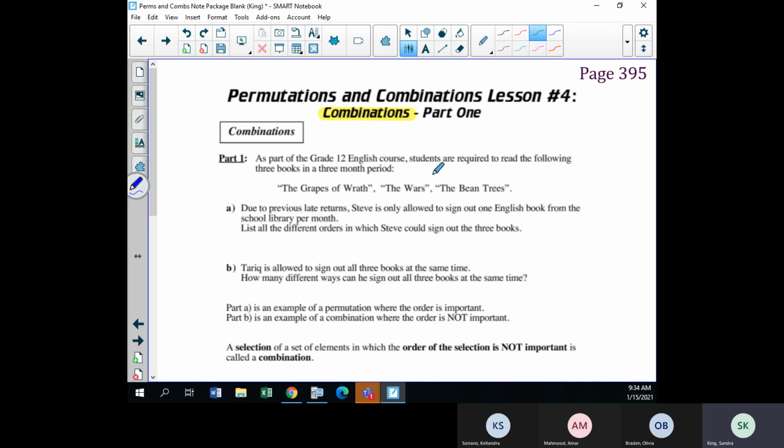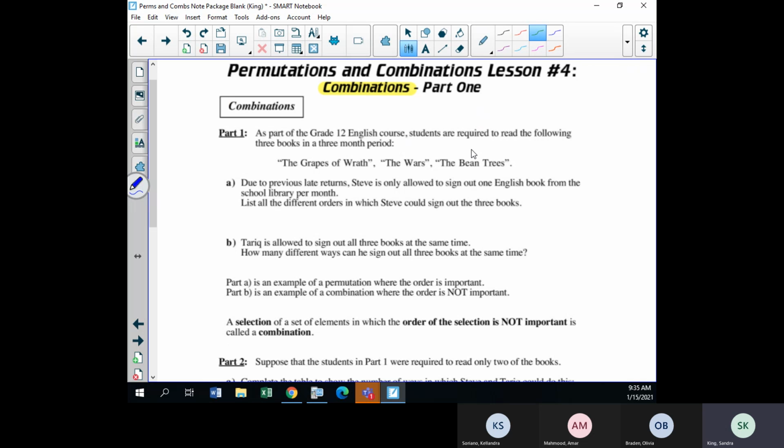Okay, so let's look at this first problem to talk about combinations. As part of a grade 12 English course, students are required to read the following 3 books in a 3-month period. You have to read The Grapes of Wrath, The Wars, and The Bean Trees.